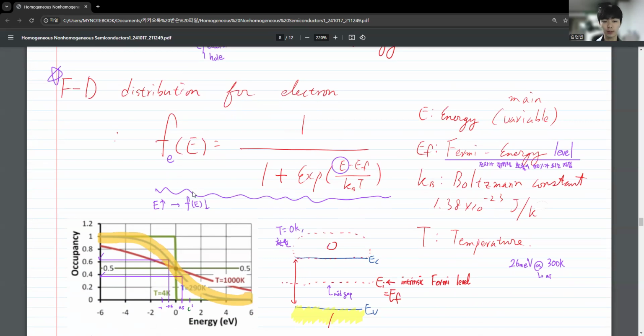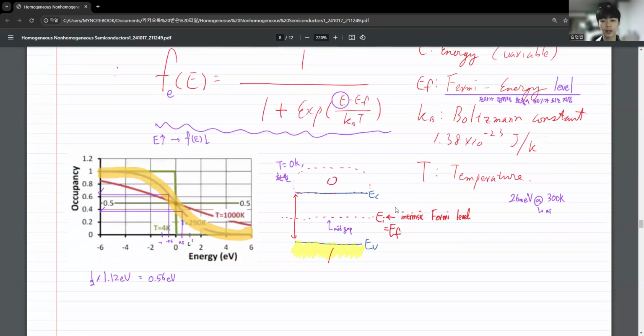To solve the Fermi-Dirac distribution, we have to know the Fermi energy level EF and the temperature.